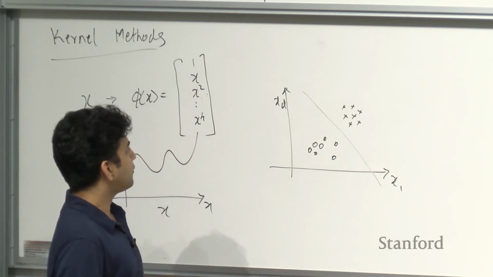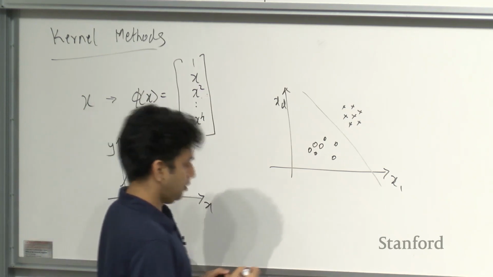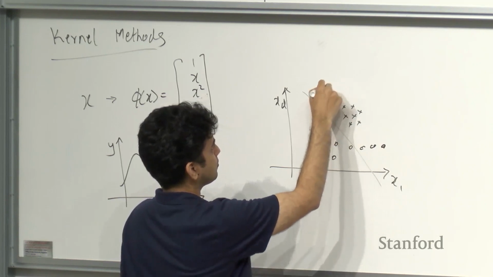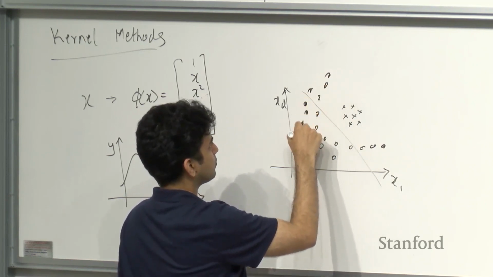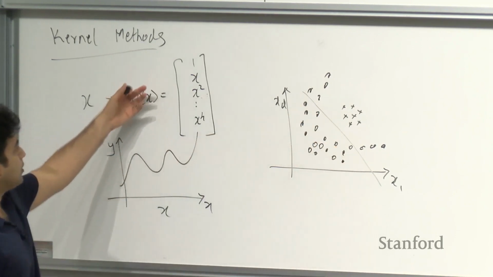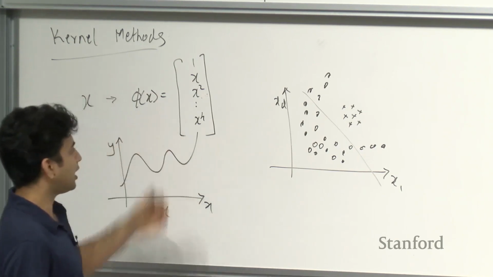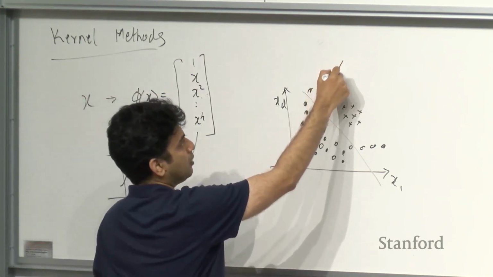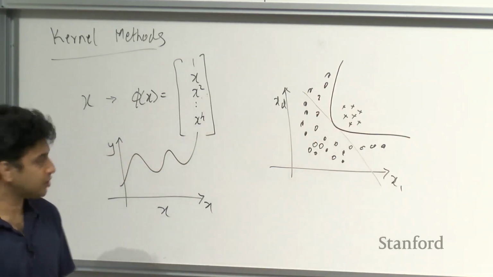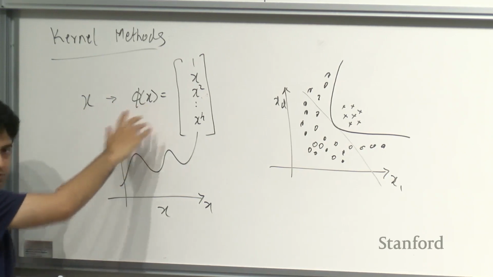But what if, in case of logistic regression, our data was something like this? In such cases, just as in the case of linear regression, we could have included a few, say, quadratic features, and we would have gotten a separating boundary that looks like this, even though we are performing logistic regression, because we have mapped our data into a higher dimensional feature space.